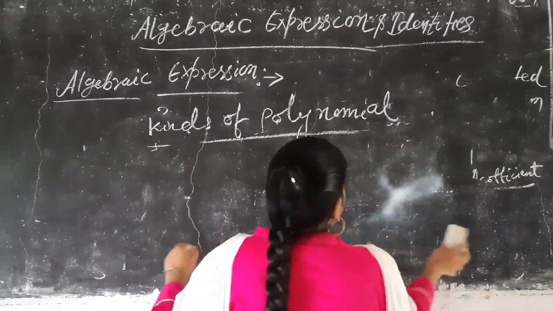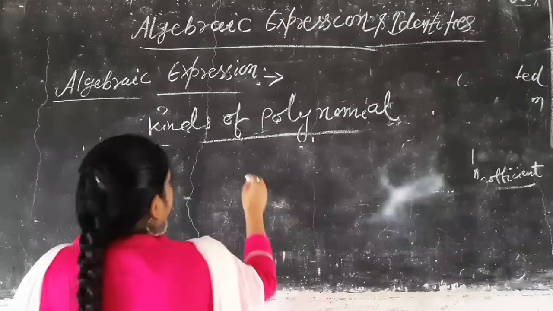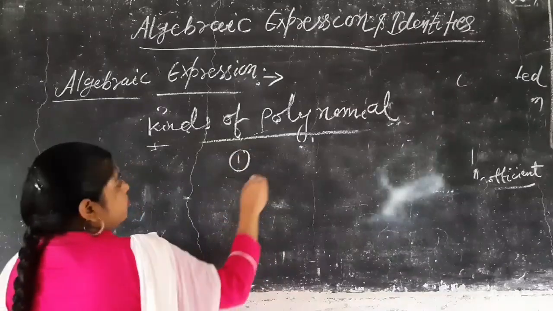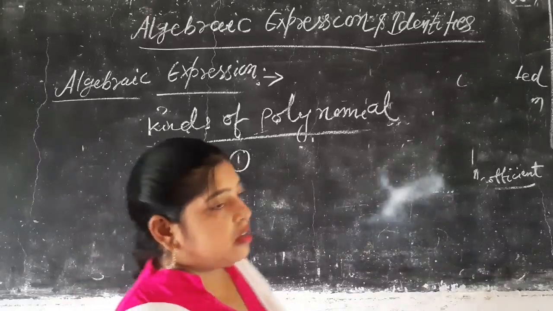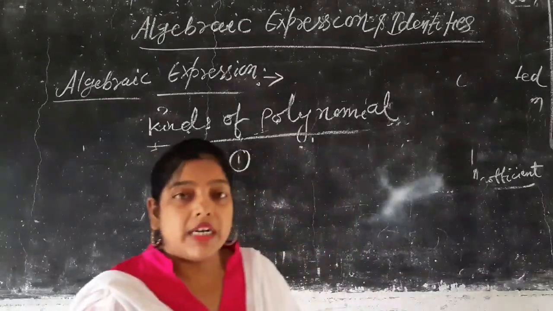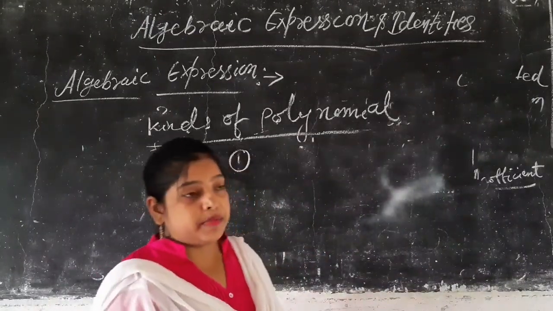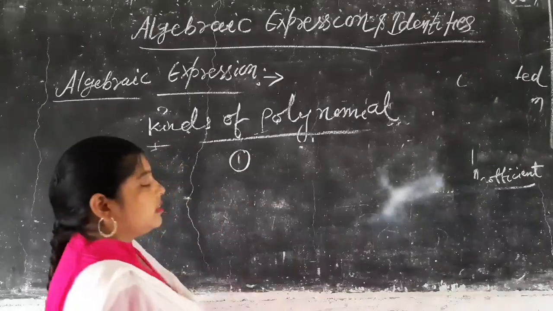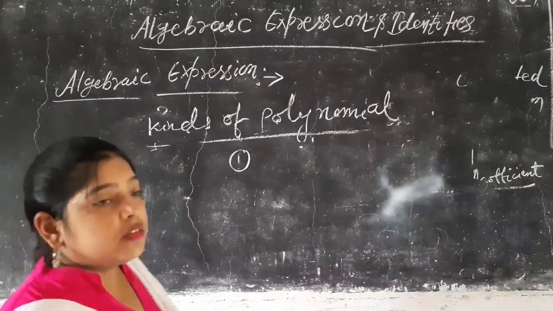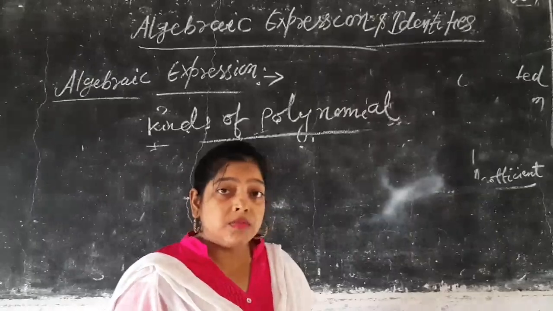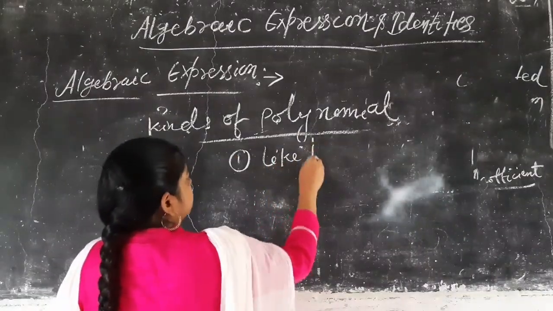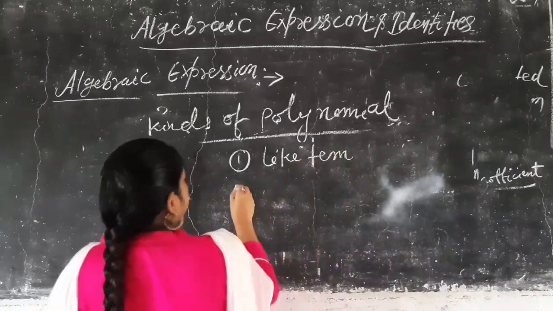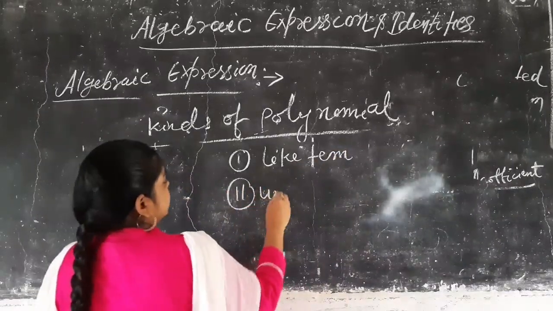In an algebraic expression we can perform the fundamental operations: multiplication, addition and subtraction. First, the terms are of which types: like terms or unlike terms.